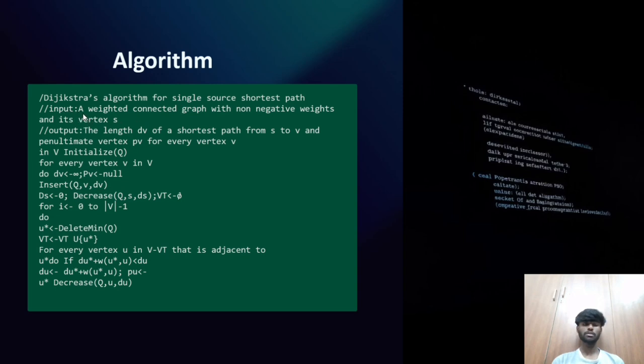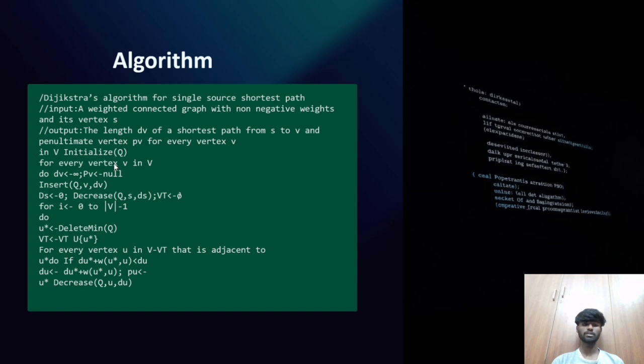In the algorithm, the input is a weighted connected graph with non-negative weights and its source vertex s. The output is the length dv of a shortest path from s to v and the penultimate vertex pv for every vertex v.